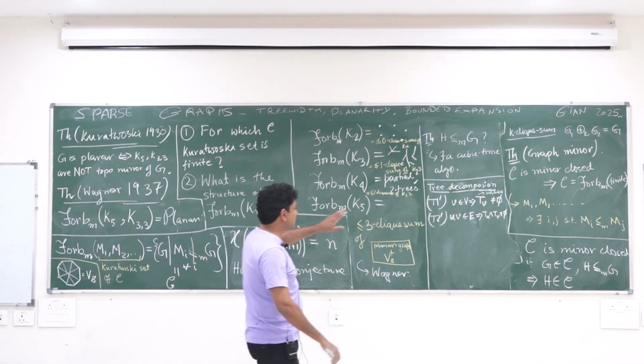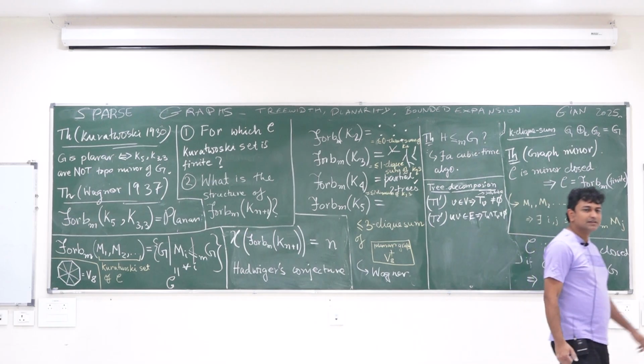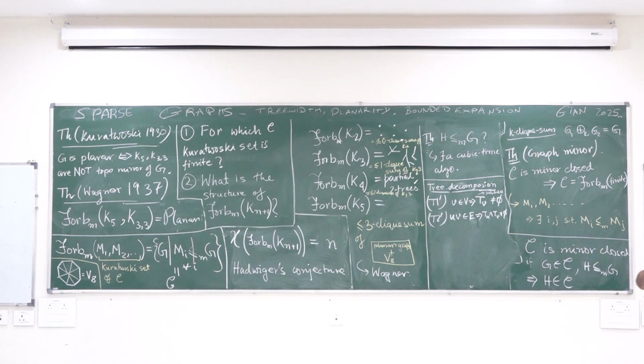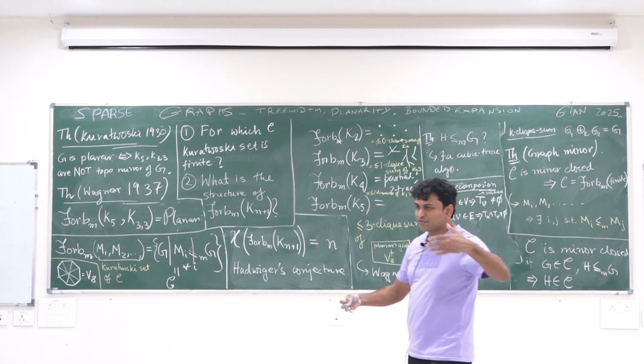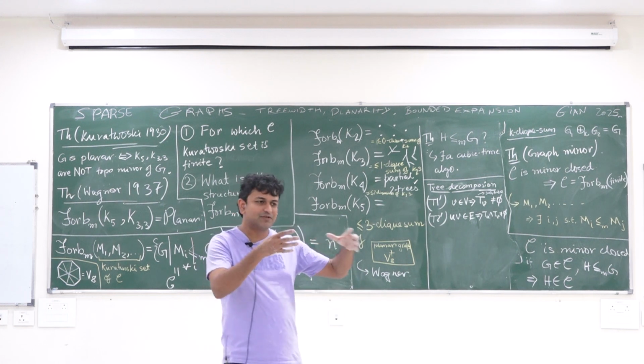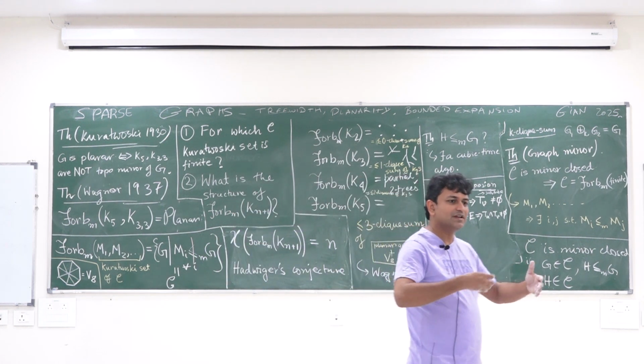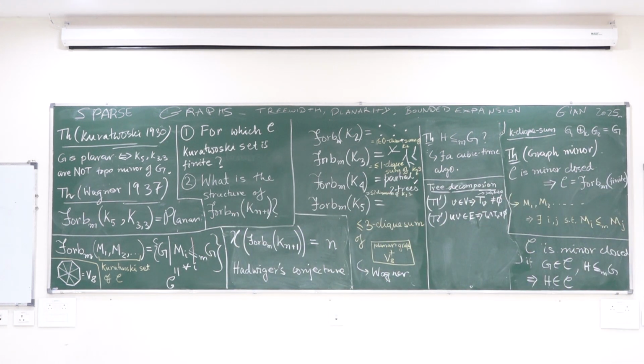And the second one is, if you have an edge UV, then the subtree of U and the subtree of V, the intersection is non-empty. That means there is at least one bag where U and V both are there.